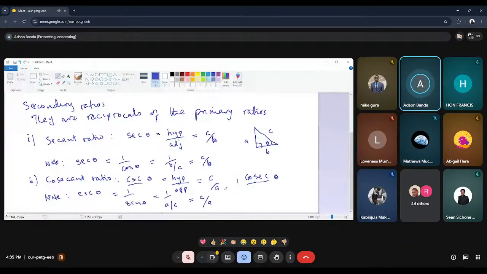We have also the third secondary ratio. I'm trying to move my board down, but it is not moving. Oh, okay, it has reached its end. Yes, that's 1 over sine theta.